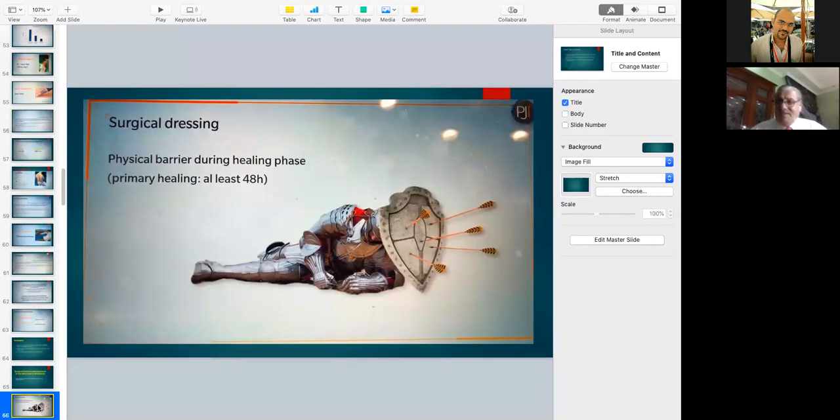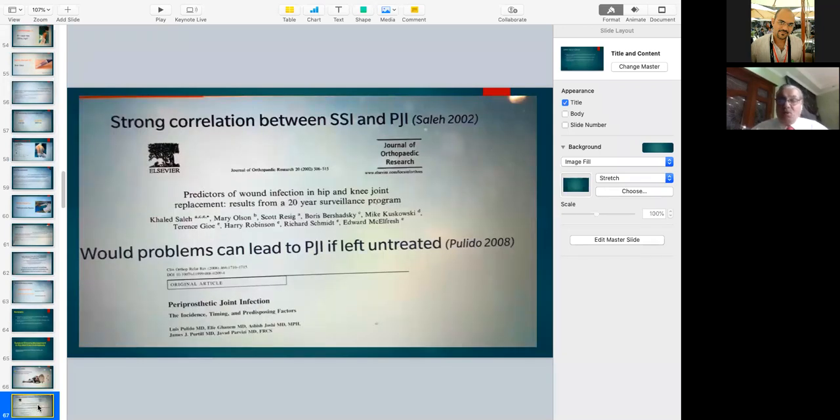What is a surgical dressing? A surgical dressing is a physical barrier during healing, and the important time for primary healing is at least 48 hours. This is a barrier against contamination, against bacteria coming from outside and entering the wound.